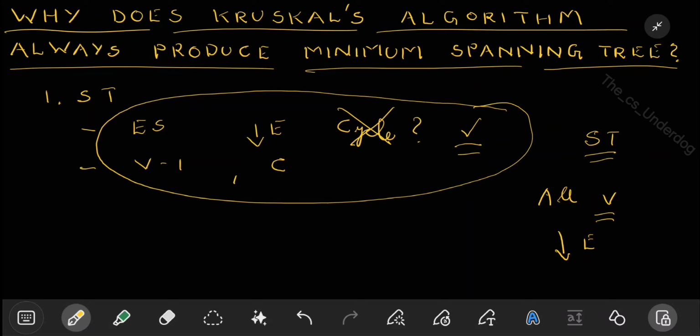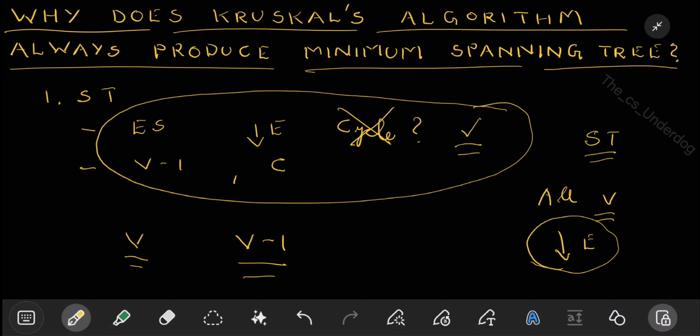Here, when I say minimum possible number of edges, this is a specific number. That is, whenever you have a graph which is having V vertices, the minimum possible number of edges using which you can connect all the V vertices is always V minus 1.